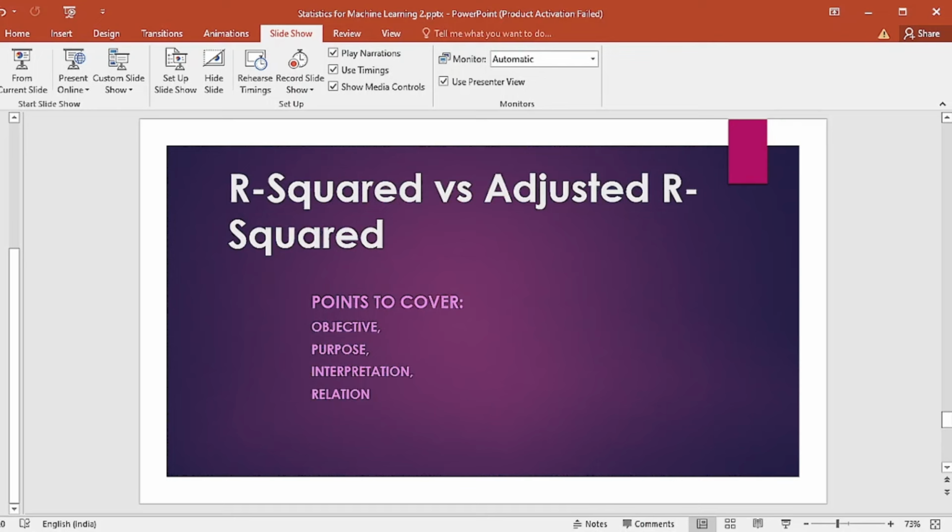R square is used in the case of simple linear regression, and adjusted R square is used in the case of linear as well as multiple regression. The range of values for R square is from 0 to 1 and it cannot be negative. But in the case of adjusted R square, the value depends upon the significance of independent variables and may be negative if the value of R square is very near to 0.